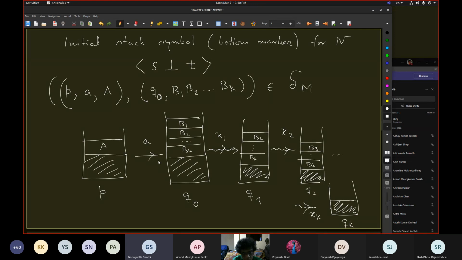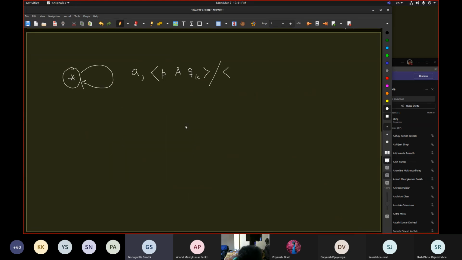Replace this by: from Q0 to Q1, consume this, but you have to introduce K new symbols. Q0, B1, Q1. Go to Q0, consume B1, end up in Q1. In Q1, consume B2 from the stack, go to state Q2, and so on.